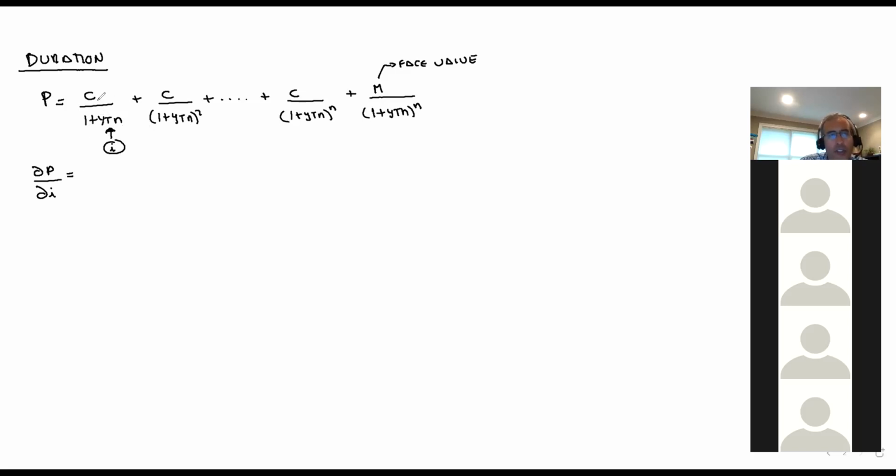This is a fraction. So its derivative is 0 for the numerator, minus the numerator multiplied by the derivative of the denominator with respect to I, times 1 over the square of this number, 1 plus I squared.